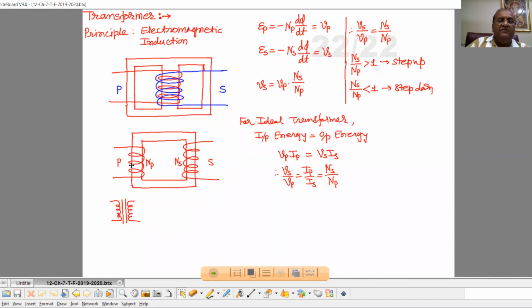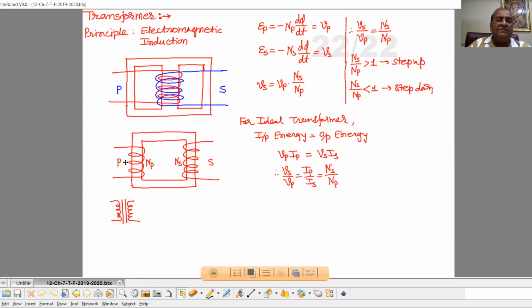Now if supply is given to this primary coil, means some current is passed through this primary coil, then the flux associated with this primary coil, for total number of turns NP, and suppose the flux associated with each turn is phi, then we can write the total flux associated with this primary coil is NP into phi.